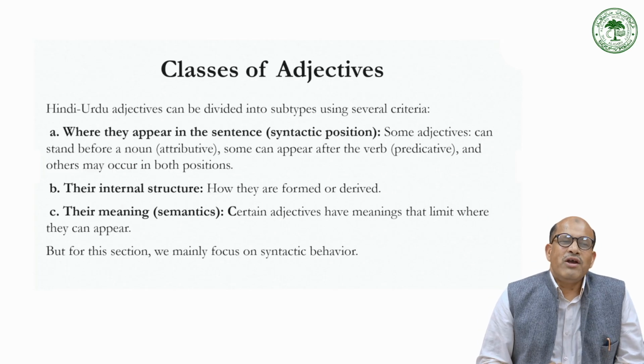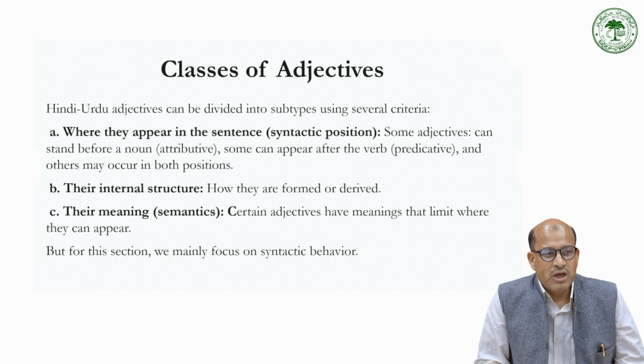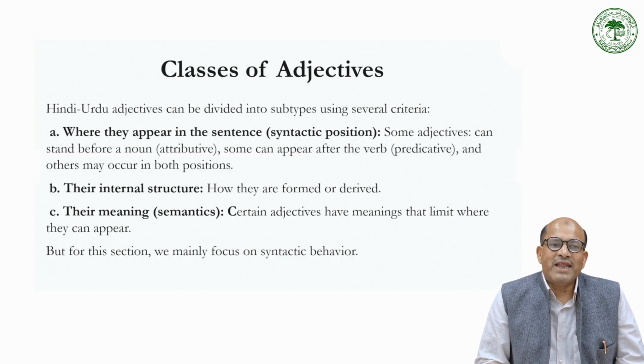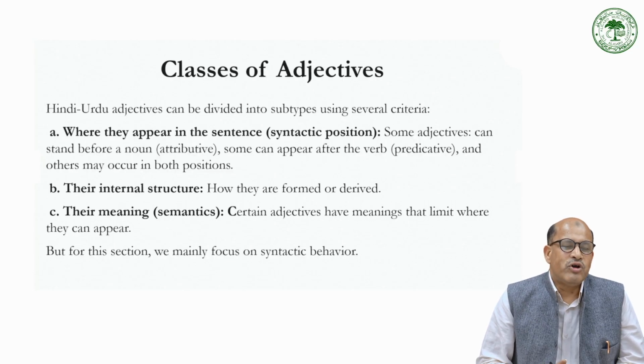Now, going further, Hindi Urdu adjectives can be divided into subtypes using several criteria. For example, where they appear in the sentence, their syntactic position: some adjectives can stand before a noun, which is attributive, some can appear after the verb, which is predicative, and others may occur in both positions. Another criterion is their internal structure, meaning how they are formed or derived.